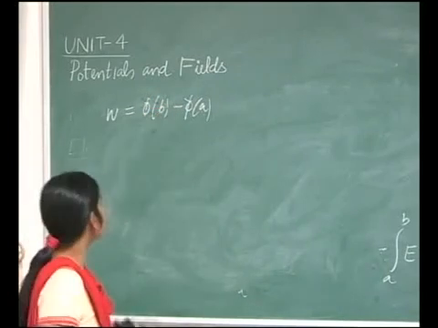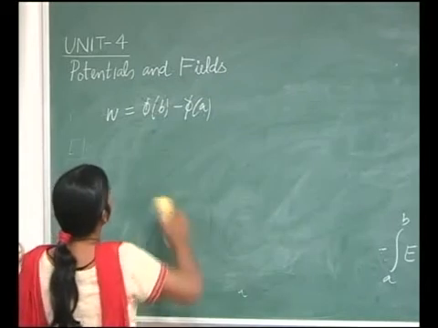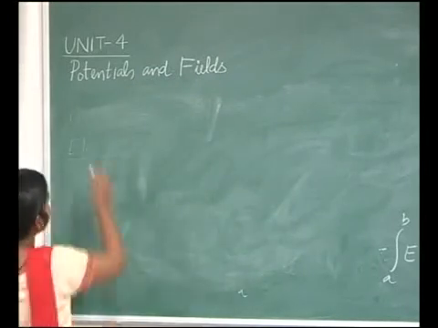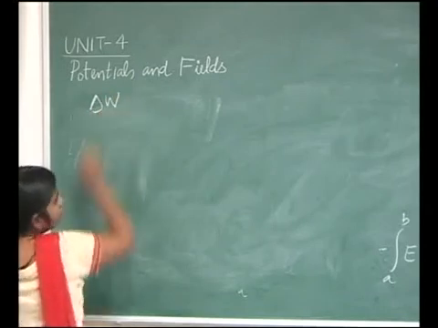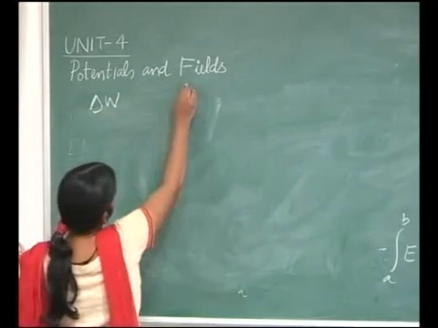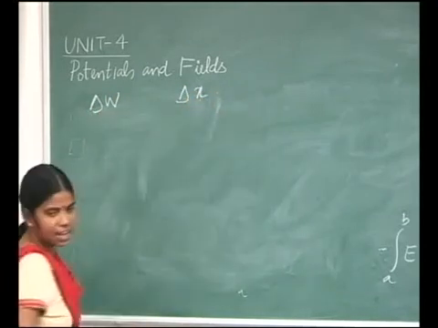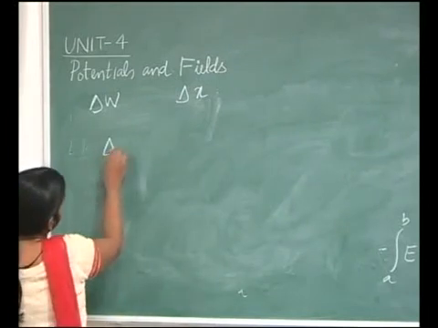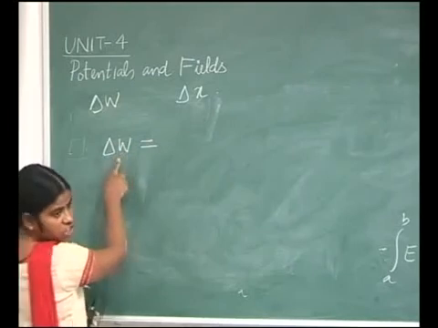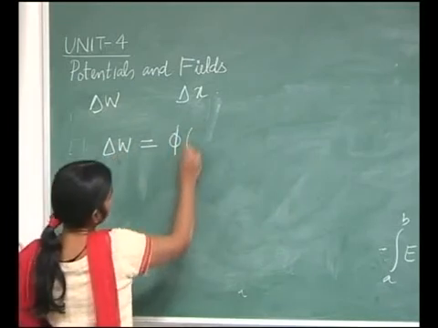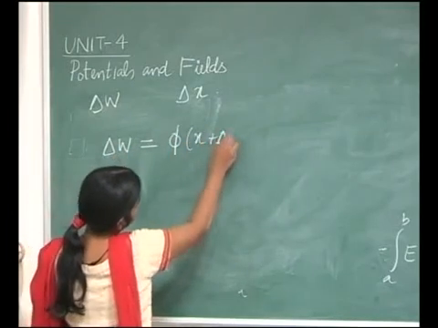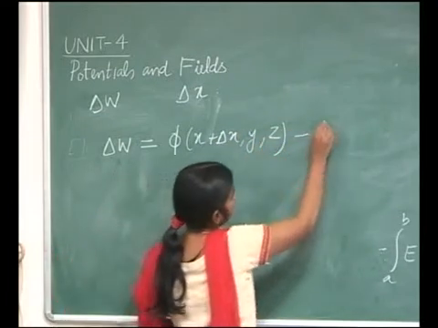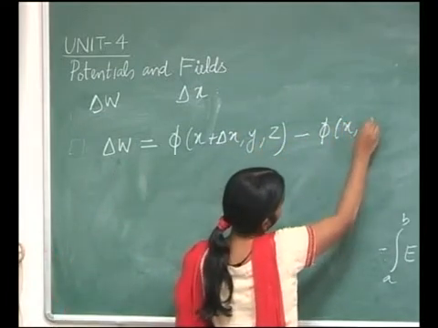Now, I want to calculate small change in W if I move along x axis. So, I want to calculate delta W for a small change along x axis, delta x. Okay. So, it means I can write that delta W, small change in W, is phi of (x plus delta x, y, z) minus phi of (x, y, z).